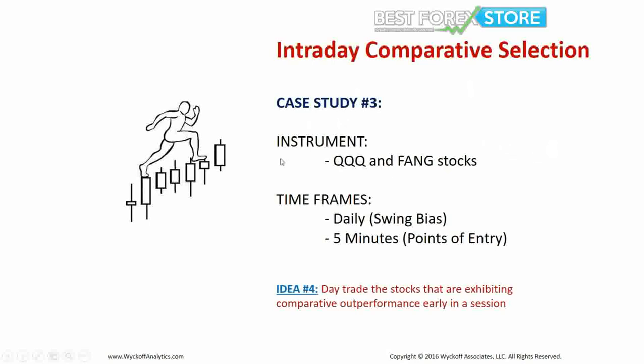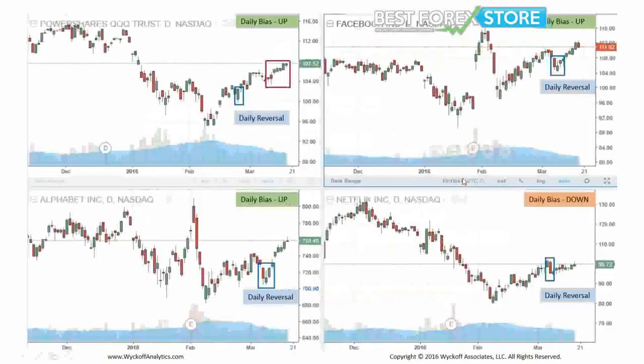So the instruments that we're going to look at, I'm using the market proxy NASDAQ 100, QQQ, and I'm using all 4 stocks here. Was it 4 stocks? Did I use 4? Facebook, Amazon, Netflix. I think I'm using only 3. Yeah, I can't use all 4. Yeah, so QQQ, Facebook, Google, Alphabet, and Netflix.